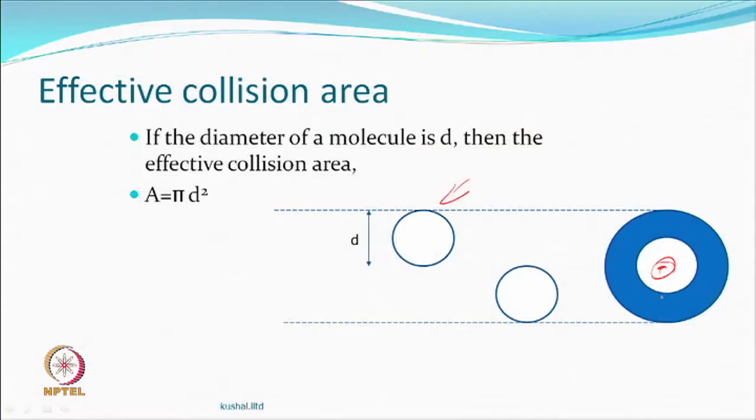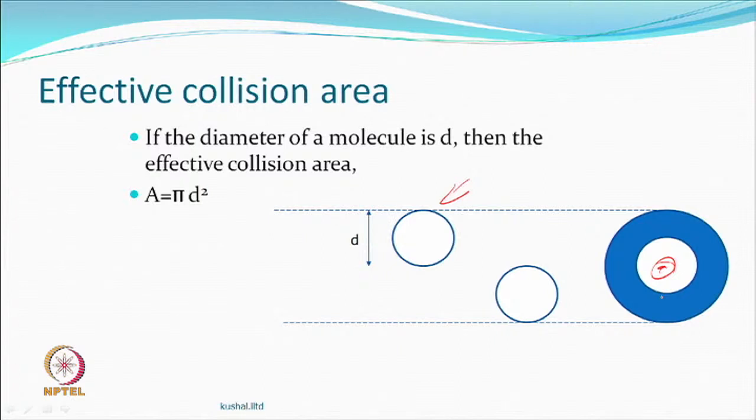If other particles are within the thing, how many particles are there within this range? So, the area of this particular thing is, if you consider pi d square, right, d becomes the radius of the larger pipe, shall we say this is a pipe, theoretical pipe. So, if it is in the center, the molecule will be here, but it does not have to be always in the center, it can be anywhere.